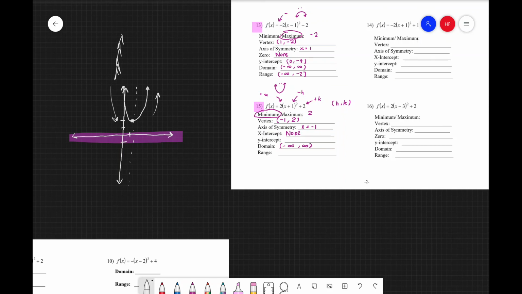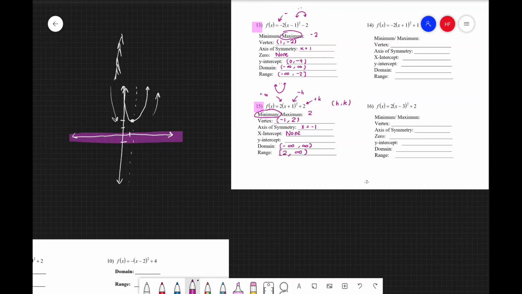So we're going to hit every single y value above 2, but nothing below it. When we're writing in our range, we're blocking off the lower end, but everything above it. So we have 2 to infinity.